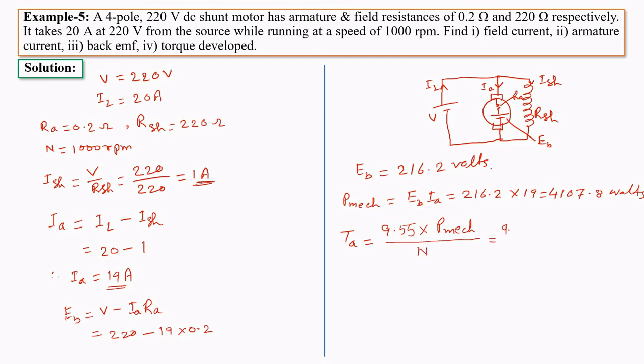So it will be 9.55 into 4107.8 upon the speed, here 1000, that is given in the question. So after solving, we'll get the torque developed in the armature as 39.23 Newton meter. So this is the answer.